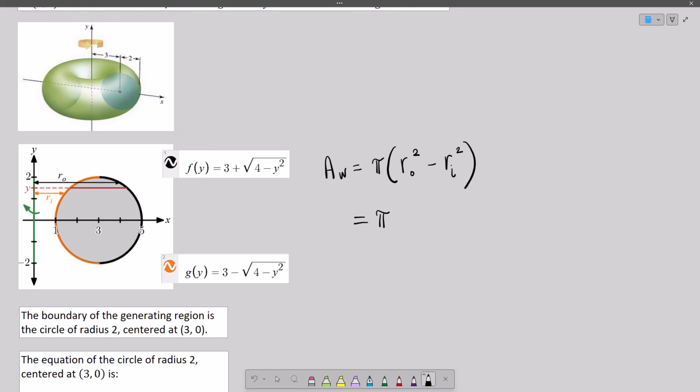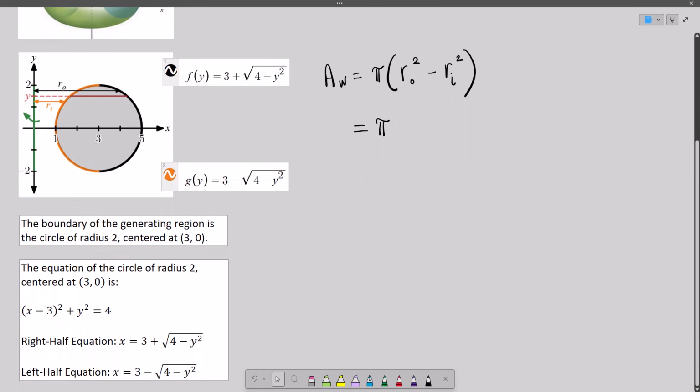The outer one is a horizontal distance. Horizontal distance, right x value minus left x value. This is the x value right here for the right-hand curve. This is the x value for the left-hand curve.